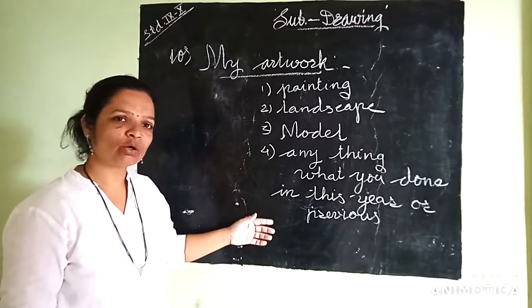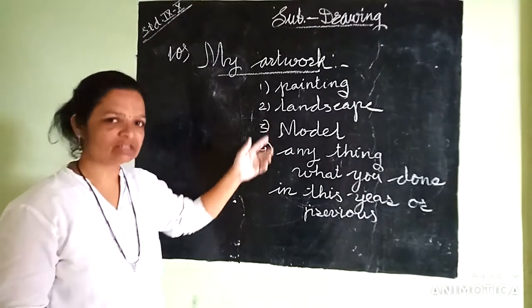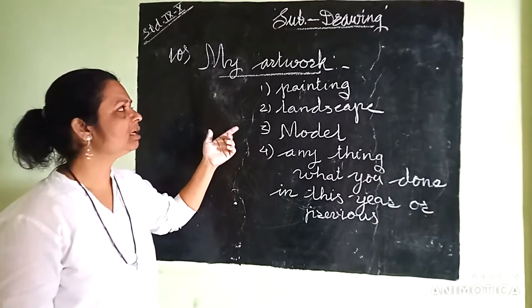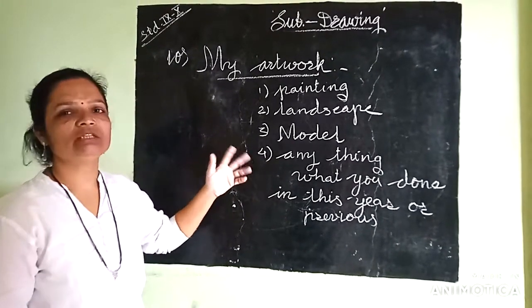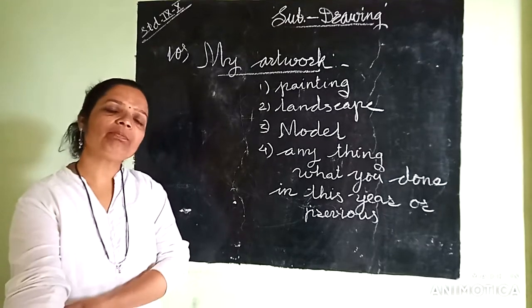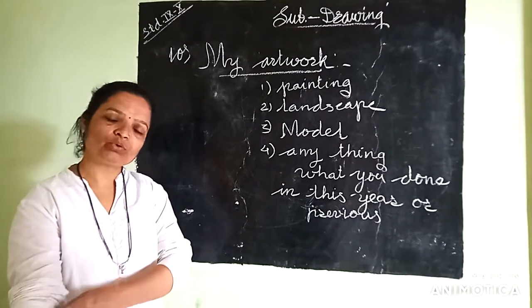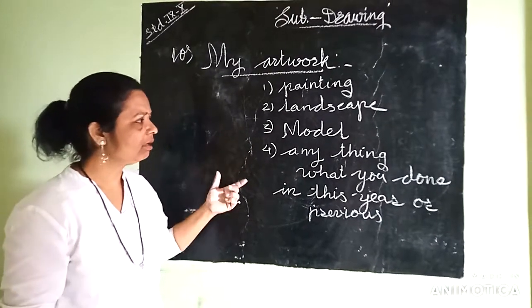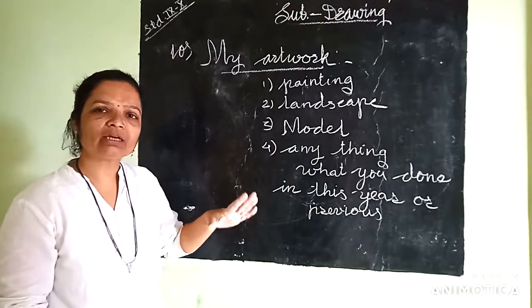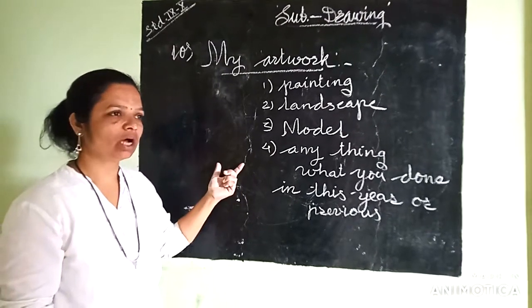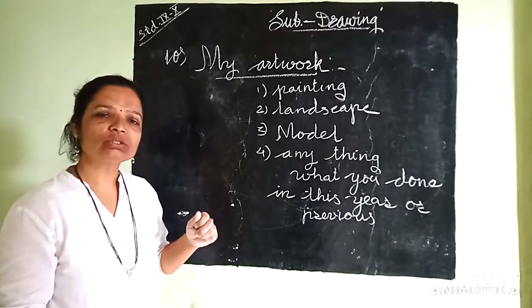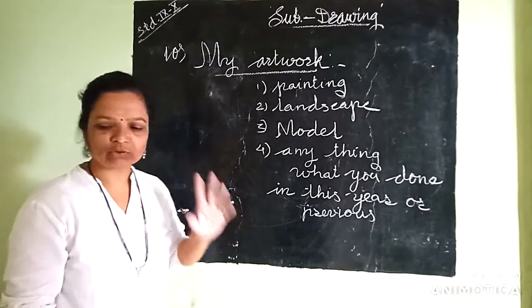You can write your own experience here. So this page becomes interesting for you. In this way, we need 10 pages in our project book. Exactly clear? Now, how to make a project book, or how the project book looks like. So we'll talk about this topic.